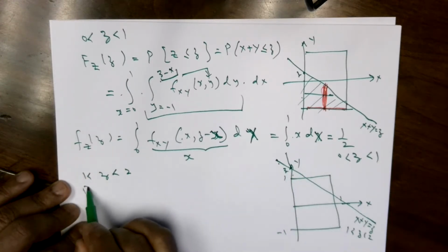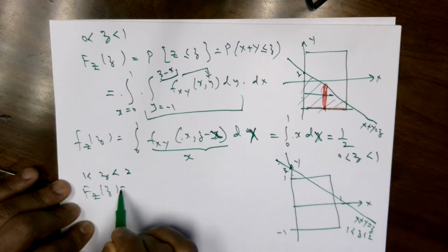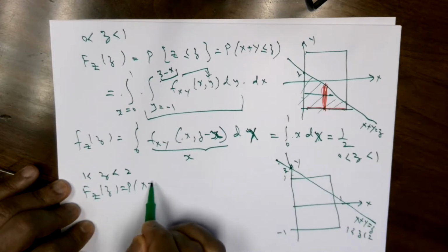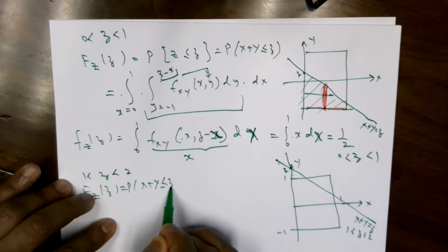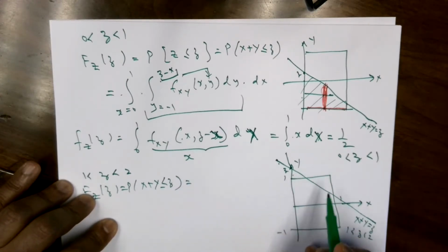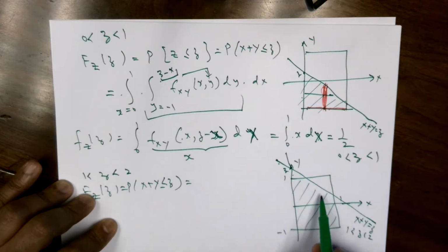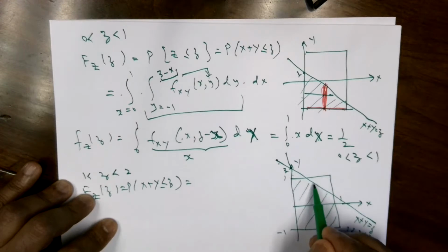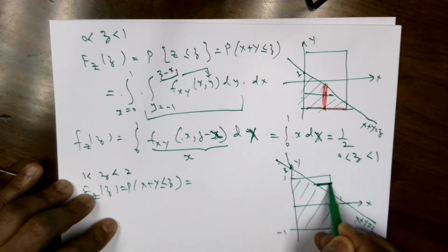So once again, FZ is the probability of x plus y less than or equal to z. So that's this region. So neither a horizontal nor a vertical strip will do, but we can take advantage of the fact that the total area is 1, so we could integrate on this other region.